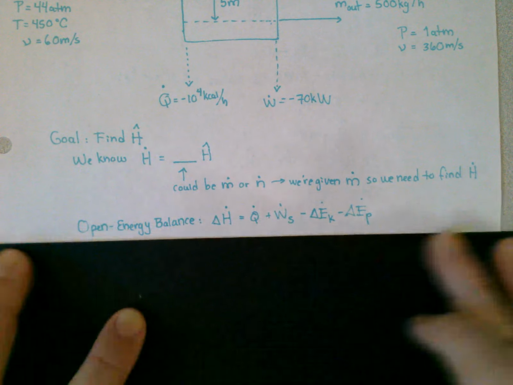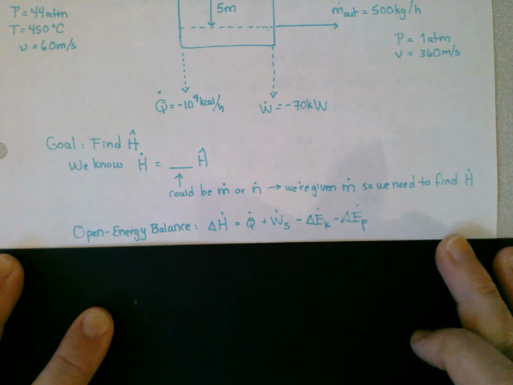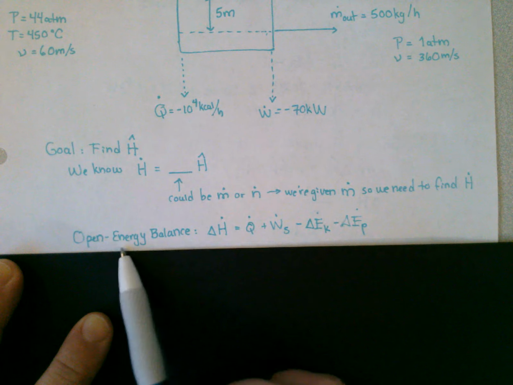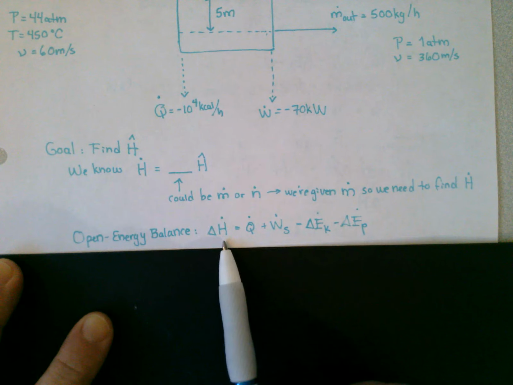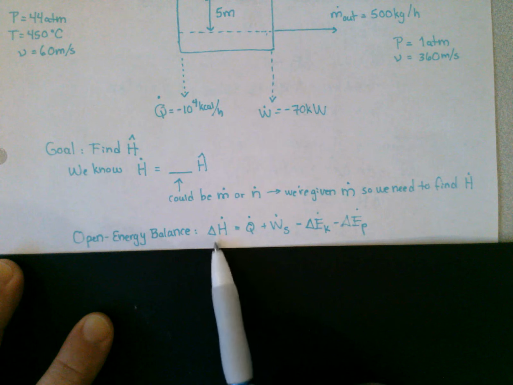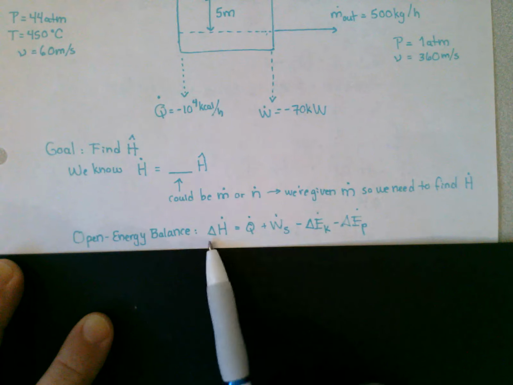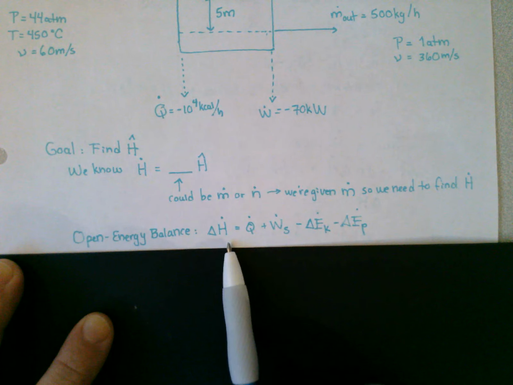So let's use our open energy balance for this system. One of the keys to knowing that this is an open energy balance is the fact that we're talking about enthalpy. So when we talk about closed systems, we're talking about internal energy. So one of the keys to solving these problems is going to be to look at whether or not you've got H's or U's going on in your problem. That's one indication to help you figure out if it's open or closed systems.